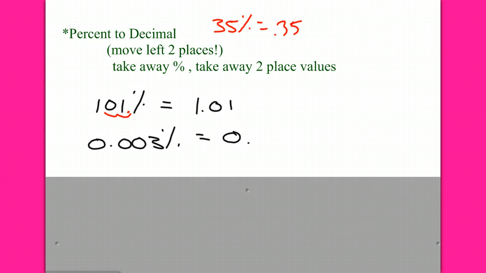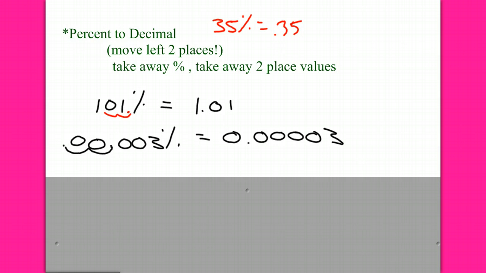So what would you have? We're taking away 2 place values. Fill it in. We have 0 point, now we have 4 zeros. Great. Isn't that interesting? The same rule applies no matter how big or small a number is.